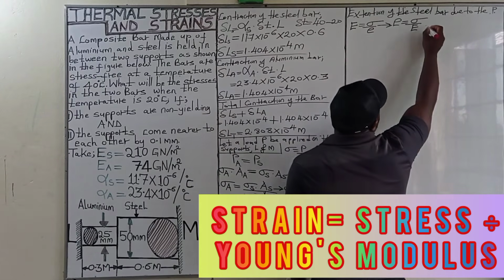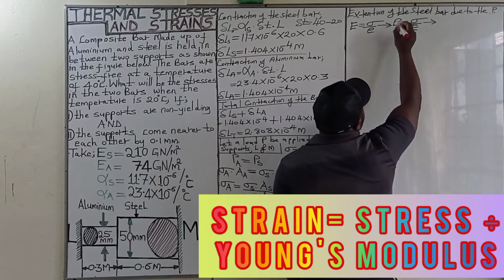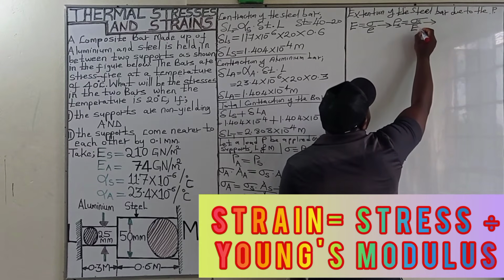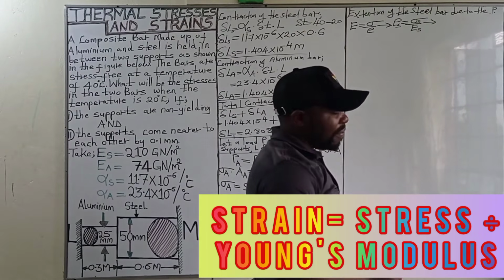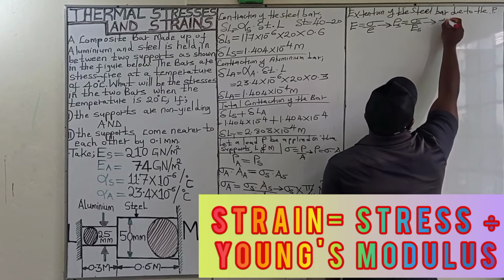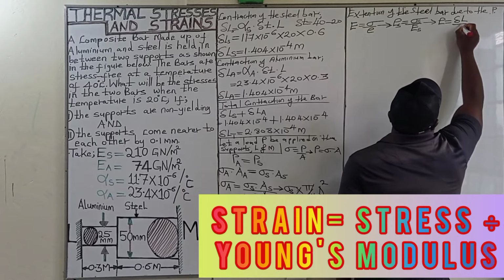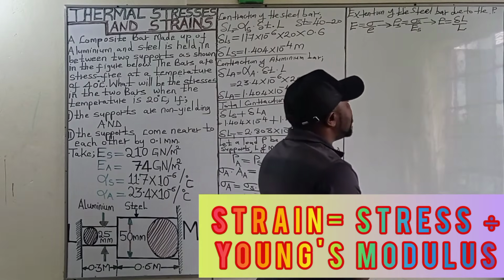Therefore, the strain in steel will be given by stress developed in steel divided by the Young's modulus of elasticity of the steel. And we know that strain is given by change in length divided by the original length.